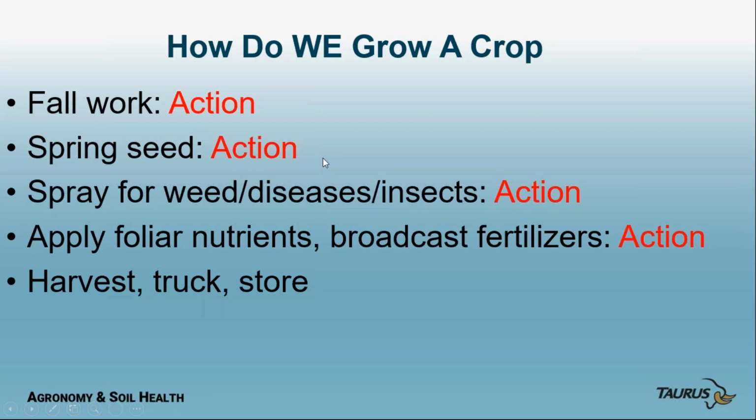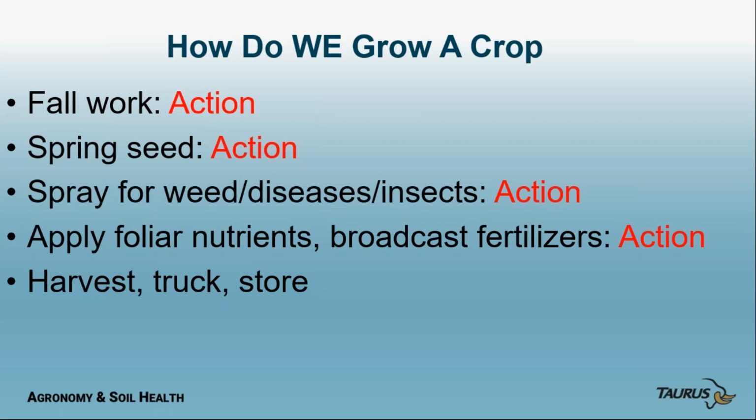And then after that, you're going to seed. So we're going to spend a lot of time with that. Then we're going to get into protection season, where there's going to be some action you can take while you're doing your pesticide applications. Because once you get too far down the pipe, there's not much you can do.